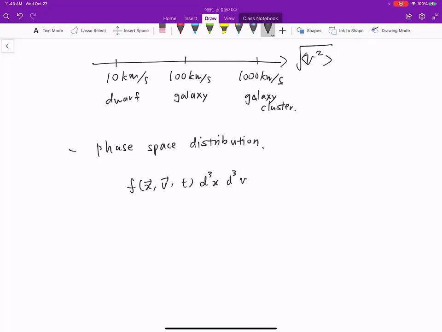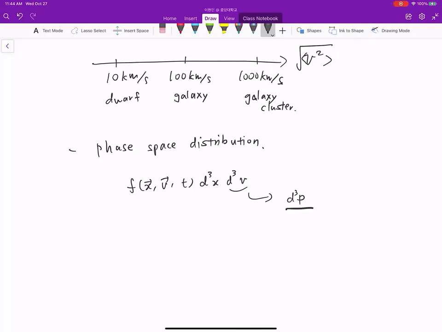So sometimes instead of velocity, people are using momentum, because for a massless particle there's no meaning for velocity. Velocity is always the speed of light. So it's more appropriate to describe phase space in momentum space instead of velocity.